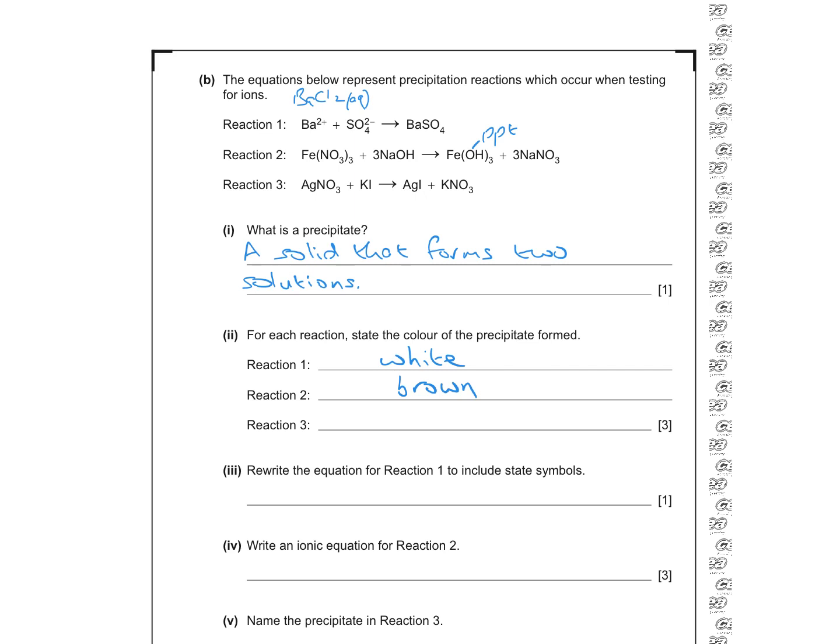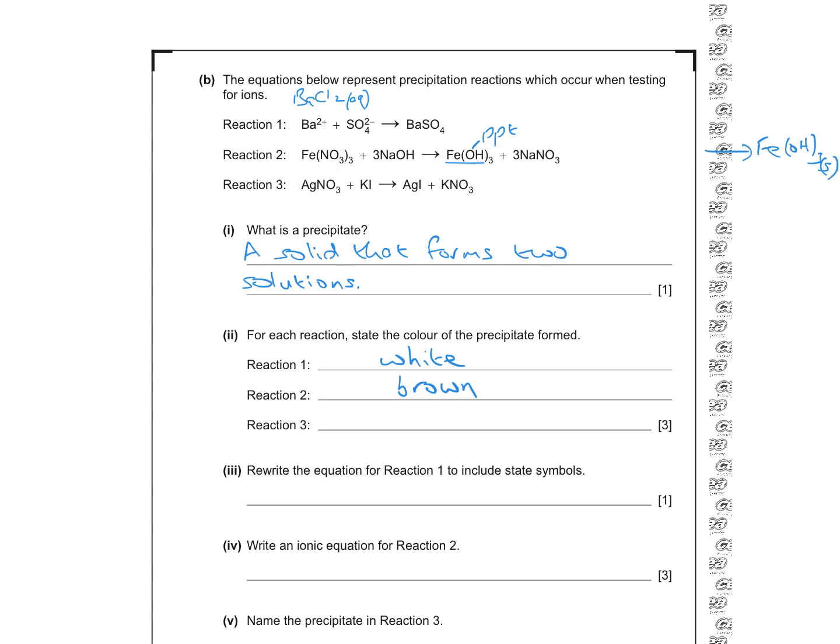Now sometimes you're asked to write reaction 2 as an ionic equation. So that's just looking at the ions of interest to us. Well, the iron 3 hydroxide is the solid that's formed. So we want to show how that solid is formed.